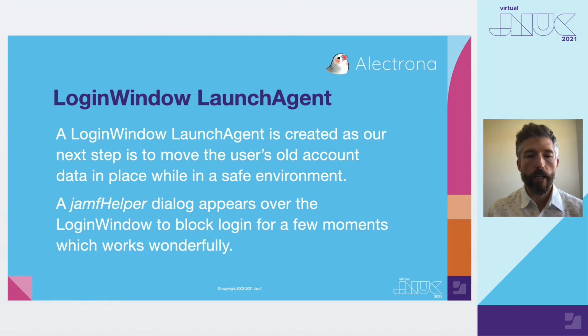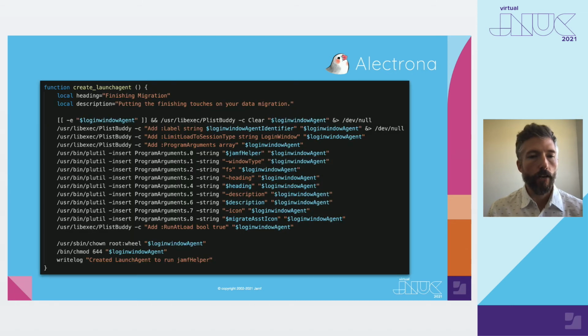So it keeps them from logging in, and we can finish putting their data in place. And then you can see here, essentially, we're using a combination of PlistBuddy and plutil to create that login window launch agent.